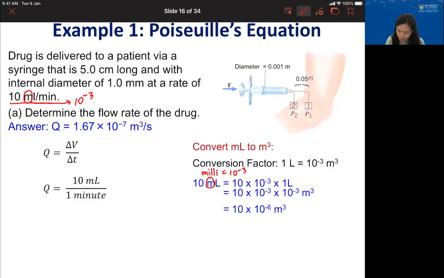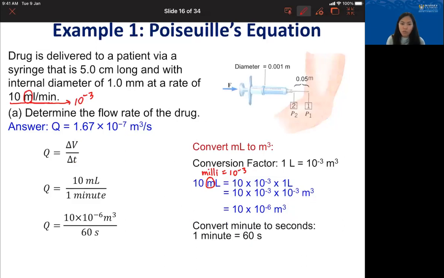So 10 milli is 10 times 10 to the minus 3, and then 1 liter, using your conversion factor, you can replace with 10 to the minus 3 cubic meters. And so you have the conversion from 10 milliliters to cubic meters here. And of course, for the time, 1 minute is equal to 60 seconds. So substituting the numbers there, you'll have a flow rate in cubic meters per second, as shown here.